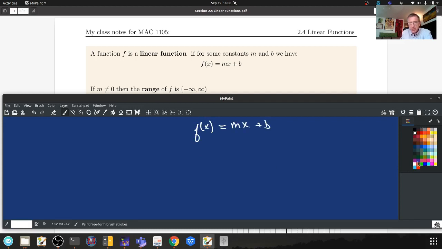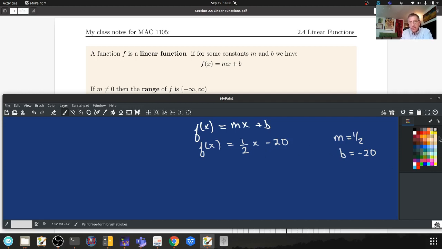So I'll give you a specific example: f of x is equal to 1/2 x minus 20. In this case, my m is 1/2, and my b is equal to minus 20. Notice that my m and my b are constants. They don't vary. This is a variable in x.